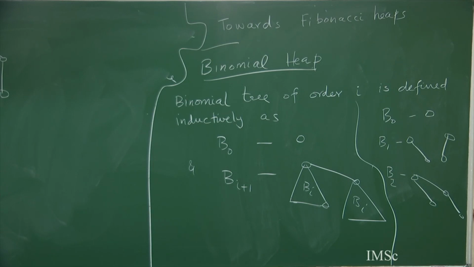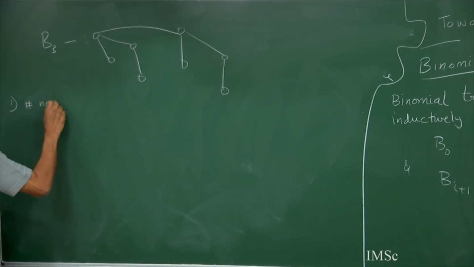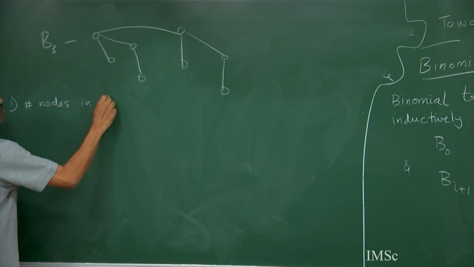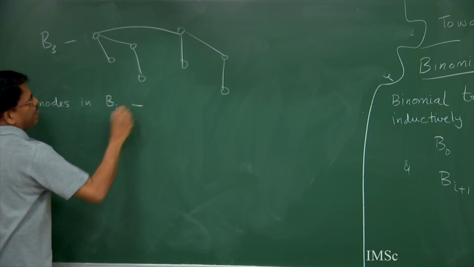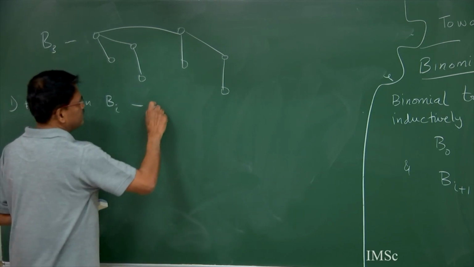Let us quickly write down some interesting properties. Number of nodes in Bi. How many nodes are there? 2 to the power i, right?